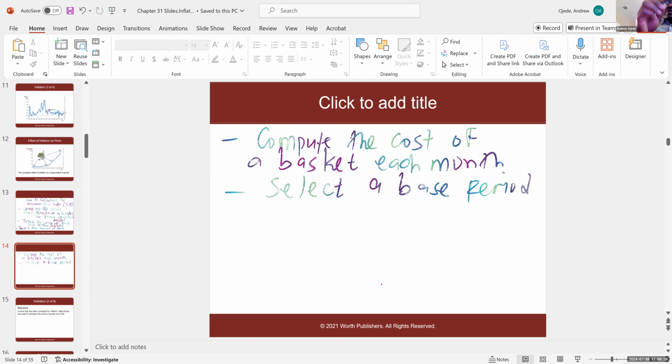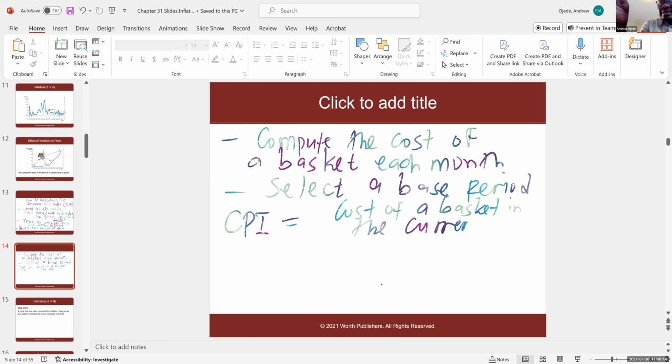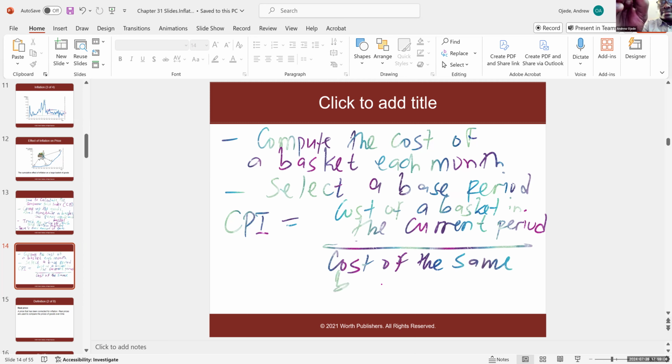Okay. And now the formula for CPI. So the CPI for any given period, say to calculate the CPI for the month of July 2024, is going to be the cost of a basket in the current period, the period that you're calculating the CPI for, divided by the cost of the same market basket in a base period.